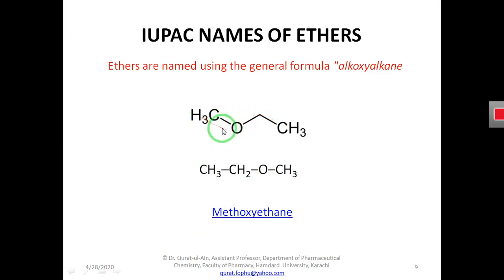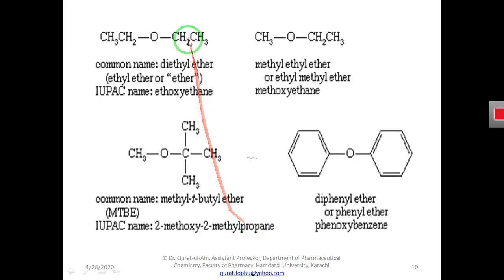For example, in this case, two methyl groups are attached to the oxygen atom, so we will write it like methoxyethane. If two ethyl groups are attached to this oxygen atom of the ether group, then we will name it as ethoxyalkane.